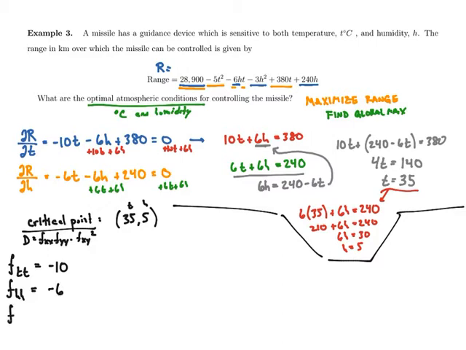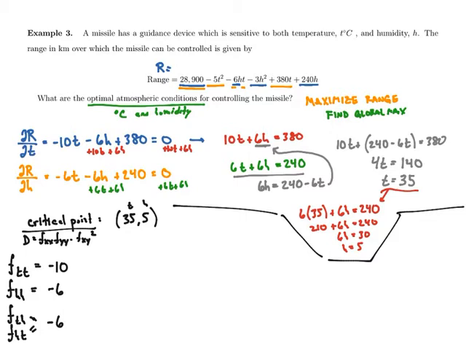And f_th, which is equal to f_ht, is going to be equal to the derivative of either one of those with respect to the other variable. So let's look at the negative 10t minus 6h plus 380. The derivative of that with respect to h is minus 6, and that'll be the same in the other direction.